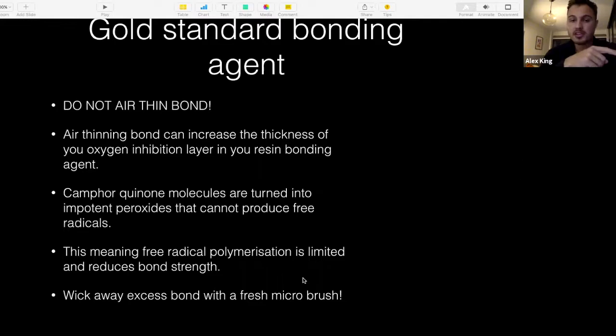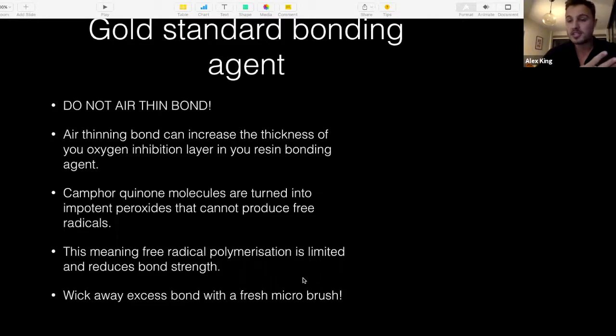The layer of composite had a different photoinitiator, and that photoinitiator leached into the bond, and when cured again, the photoinitiator from the composite activated the resin tags in the bond, and then the bond had a stronger bond strength to the hybrid layer. So it proved that it was the inactivation of the camphorquinone in the bond, the photoinitiator, that air drying did. So take from this, don't air dry your bonds.